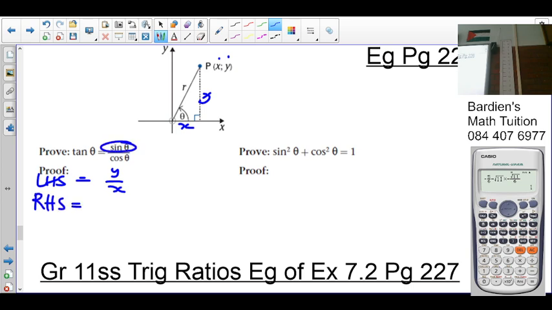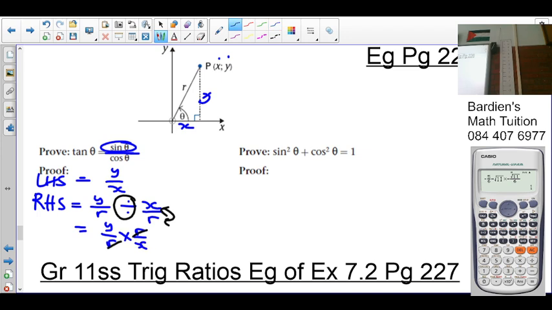What is sine theta equal to? Opposite over hypotenuse, y over r, divided by cos. What does cos stand for? Adjacent over hypotenuse, so x over r. This changes to multiplication, tumble and times. So it's y over r multiplied by r over x.